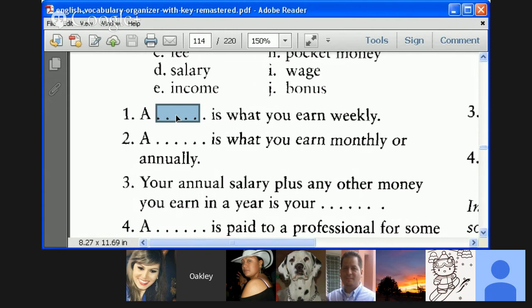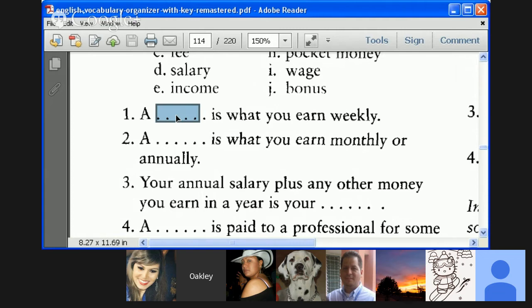A salary is if I do not make $15 an hour, I get $500 a week. That is my salary. But it doesn't matter if I work 35 hours or 55 hours, I get $500 a week. And I can say I'm on salary, meaning I get a set wage. All right, I can say a set wage is a salary. $500 a week, doesn't matter how many hours I work.